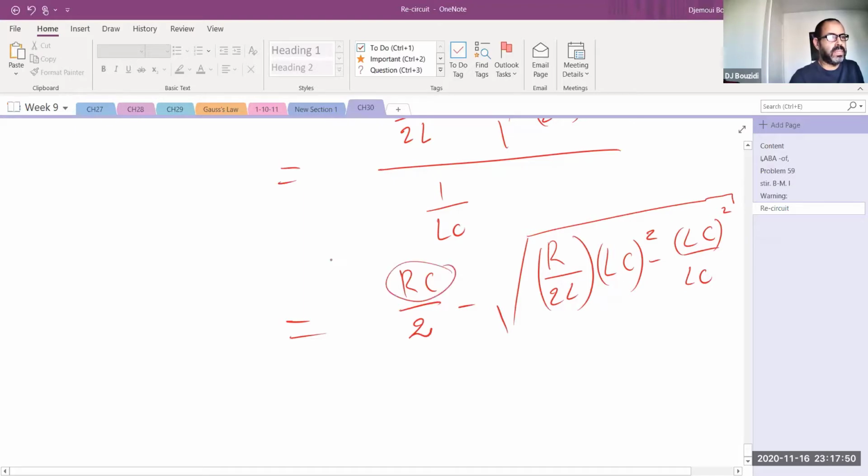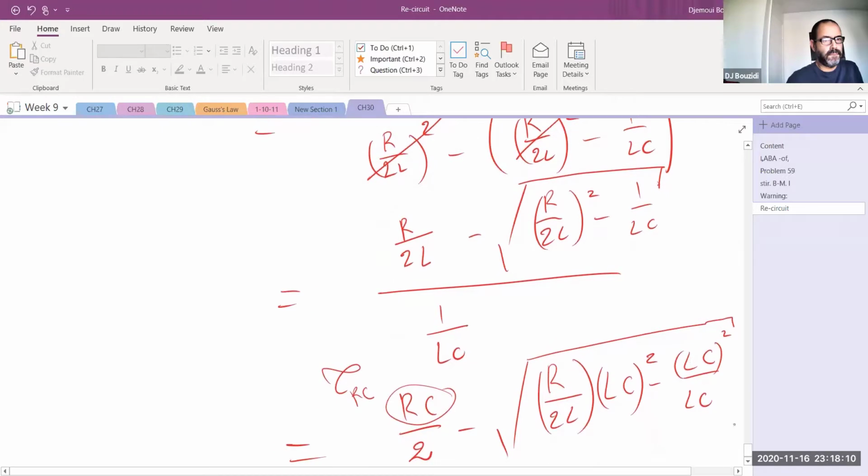This is tau RC over 2. This is L squared, cancels one of these L's. What is it that we're supposed to show in here? So this will be LC, and LC is just a product of the two. The L squared cancels the other L, and I will be left with, what is the expression that we're supposed to show?